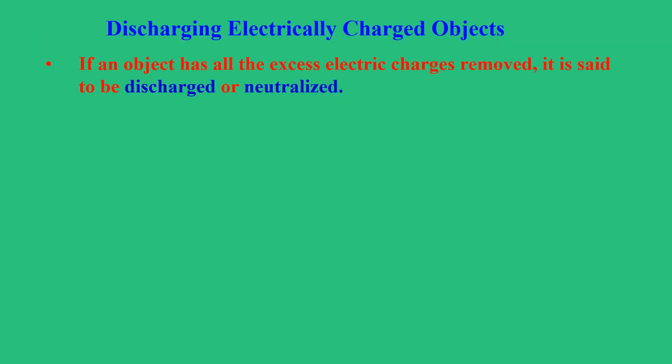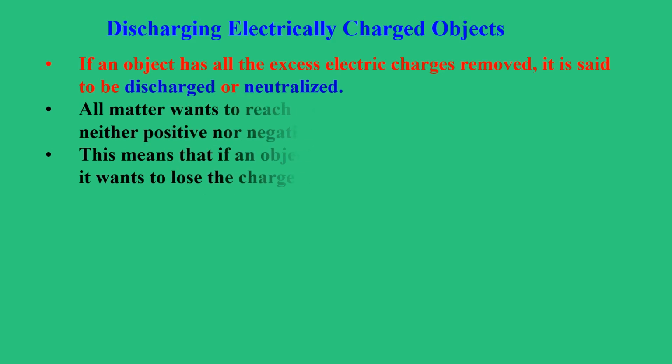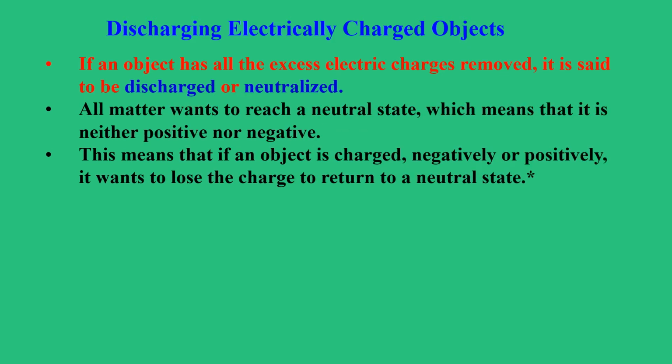Discharging electrically charged objects. If an object has all the excess electric charges removed, it is said to be discharged or neutralized. All matter wants to reach neutral state, which means that it is neither positive nor negative.